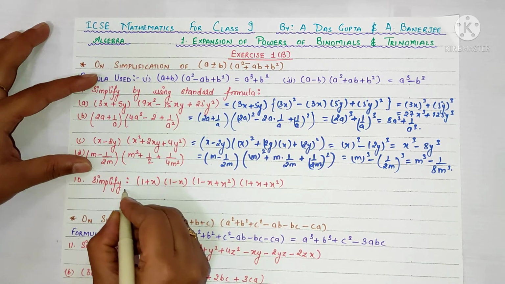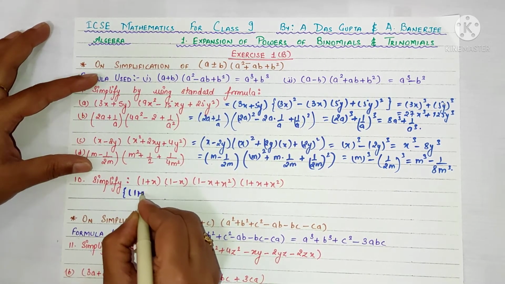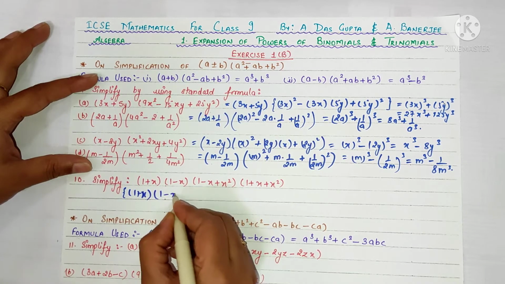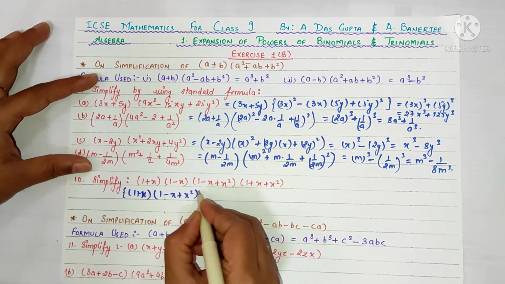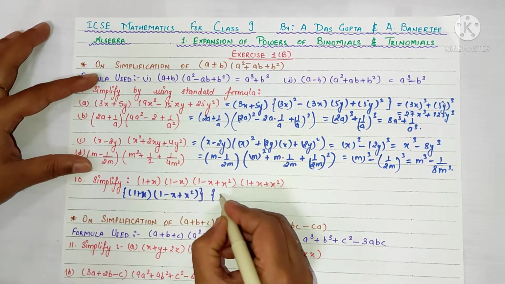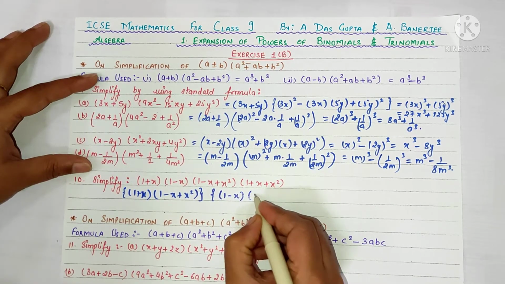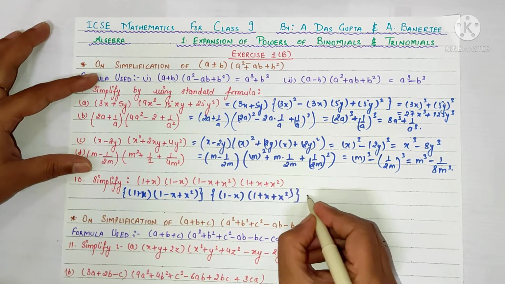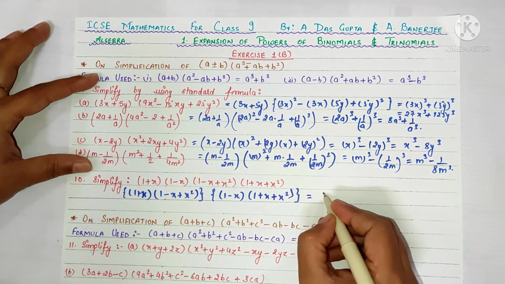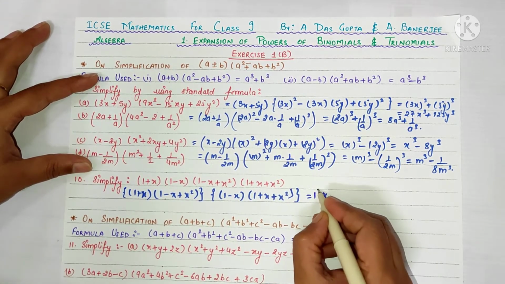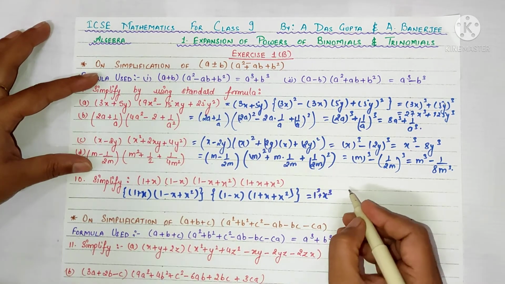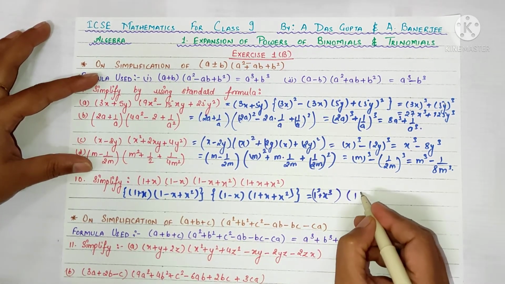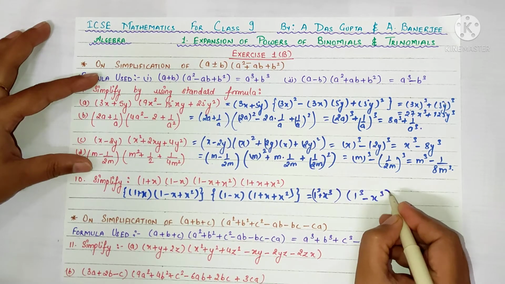So first term I am combining is (1 plus x) into (1 minus x plus x square), and the second term I am combining is (1 minus x) into (1 plus x plus x square). So in all we'll get this as (1 cube plus x cube) into (1 cube minus x cube).